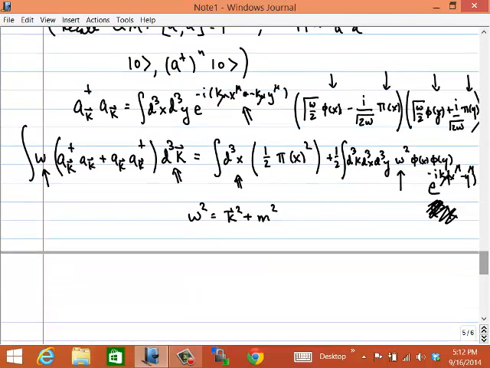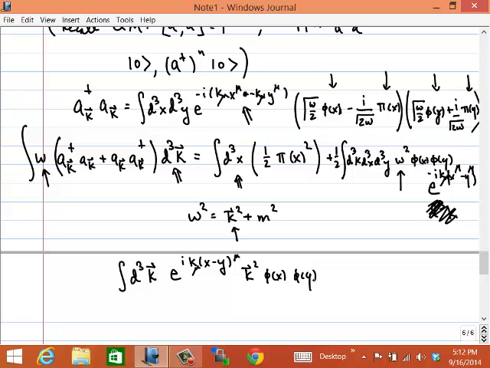The only term that's slightly tricky is the term that involves this k squared here. And to do that, you just need to use a little trick. So remember what we're doing here is an integral that looks like the integral d3k of e to the i k (x minus y) times k squared times phi of x, phi of y.